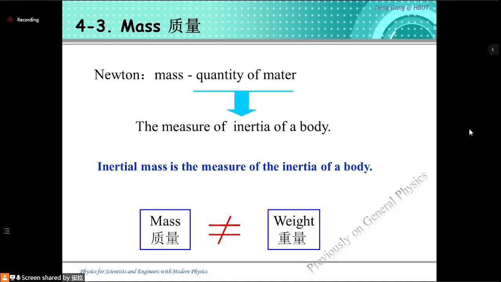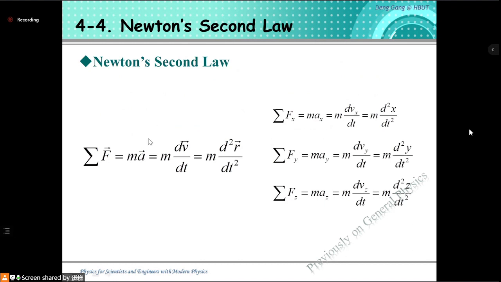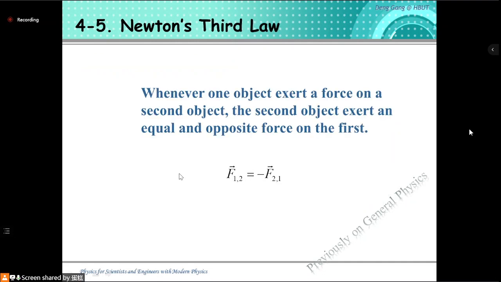So we need to define the mass. Mass is the measure of inertia of a body. According to Newton's second law, the force F should be equal to ma, the mass times acceleration, and we can also use the differential form, m dv over dt.